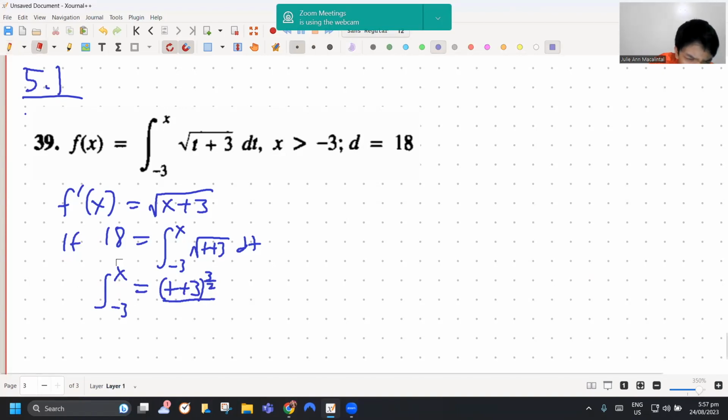So, (c plus 3) to the 3 halves over 3 minus 0.